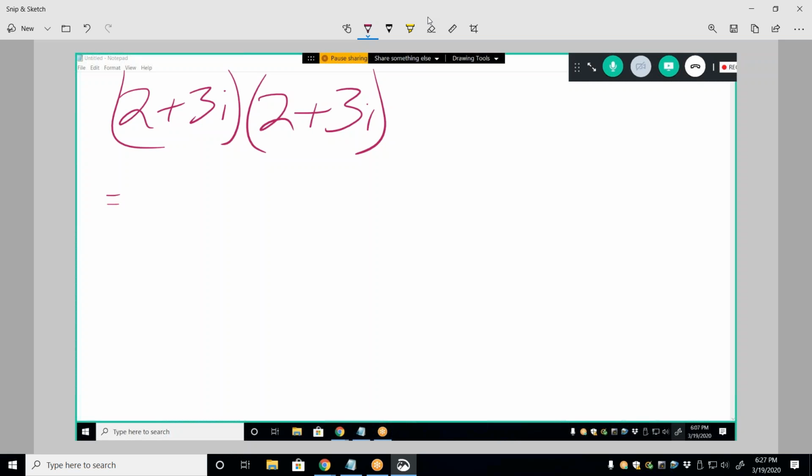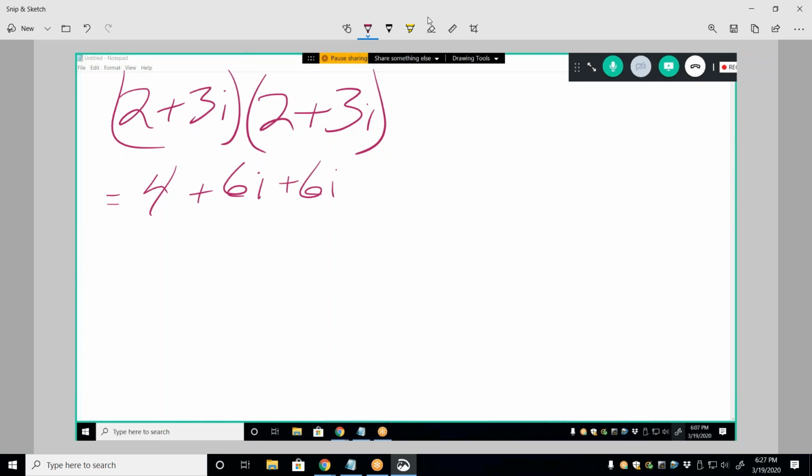But with imaginary numbers, it's hardly worth it. Just go ahead and FOIL it. So it's 4 plus 6i, plus another 6i.